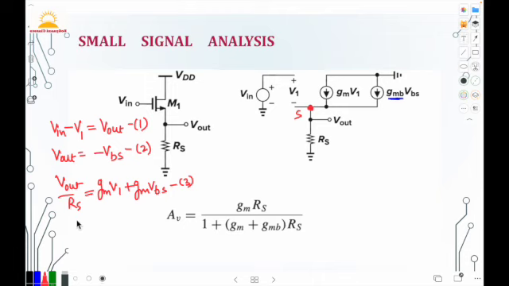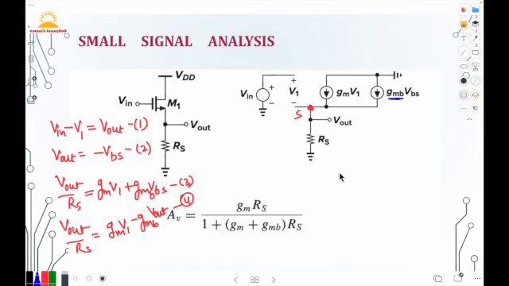Now VBS is minus Vout, so we write gmb times minus Vout. So this is equation 4.